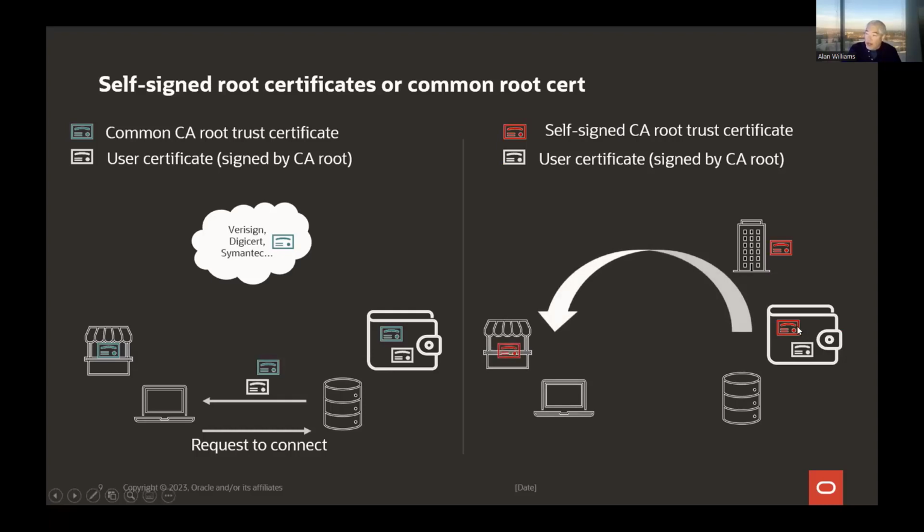So one way or another, that self-signed CA root trust certificate has to get in there either by provisioning or by copying and importing into the client trust store. When the client connects, same type of thing. The certificates are sent back, and since the CA root trust certificate is in the trust store, the client can do the same validation, compare, and go ahead and connect.